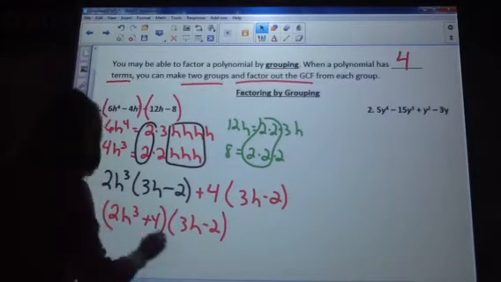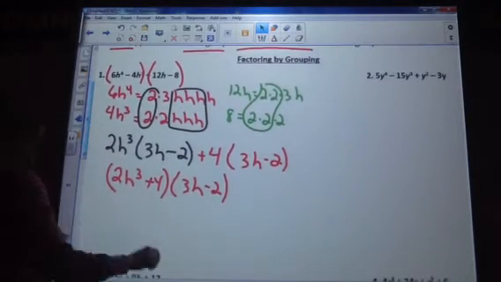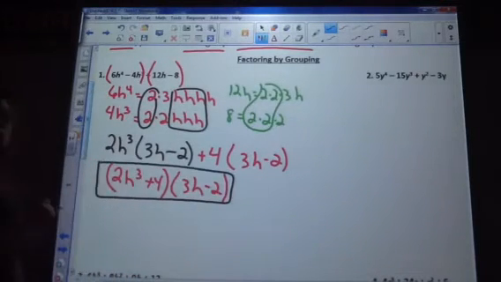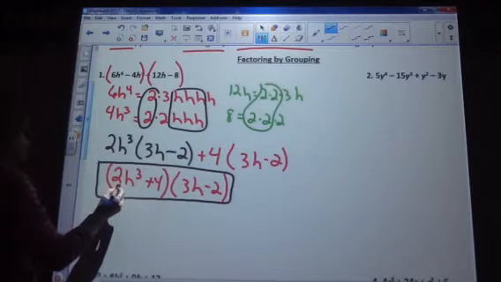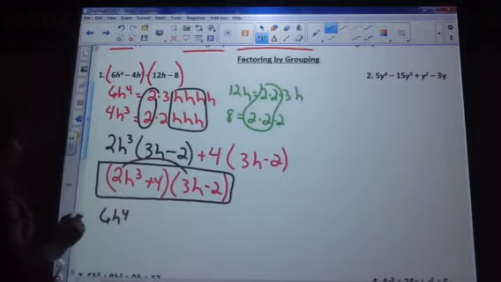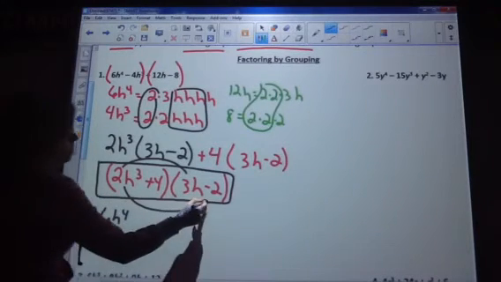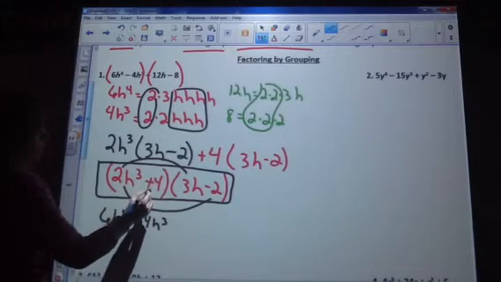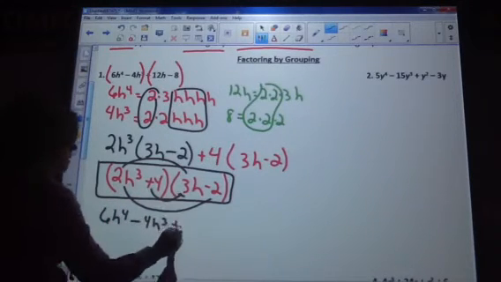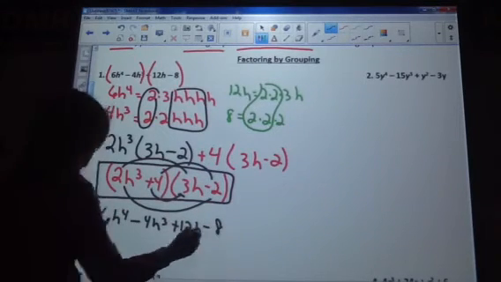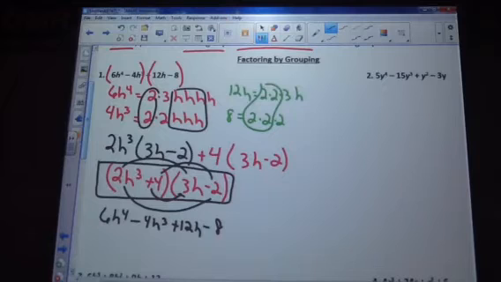Now let's check this one. We're saying this is the answer. So let's FOIL it and make sure it equals this polynomial right here. We have 2h cubed times 3h, 6h to the 4th; 2h cubed times negative 2, which is a negative 4h cubed; 4 times 3h, plus 12h; 4 times a negative 2, minus 8.